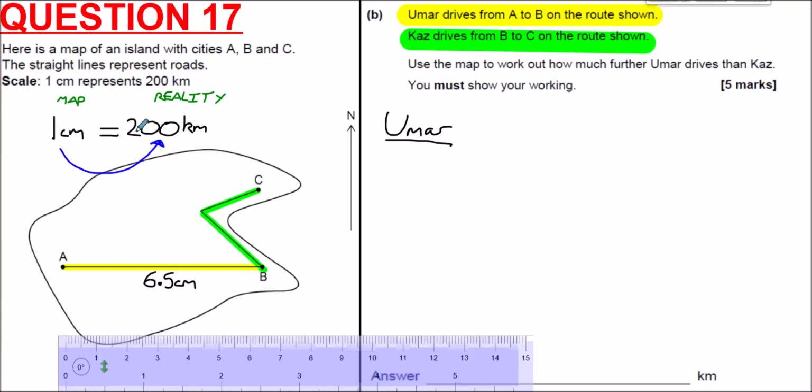Small number, bigger number. If we're going from small to big, we multiply by 200. And to go the other way around, from kilometres in real life to centimetres on the map, we do the opposite, dividing by 200.